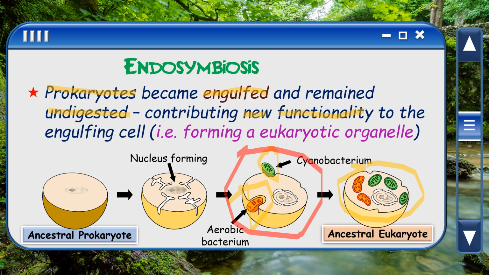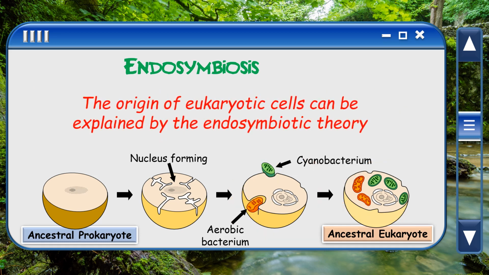And this engulfing cell formed the present-day eukaryotic organelles. So the origin of eukaryotic cells can be explained by the endosymbiosis theory.